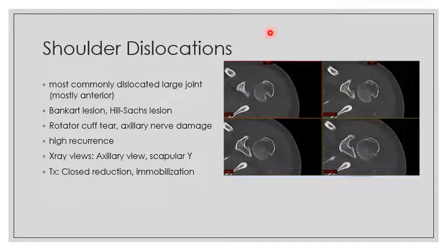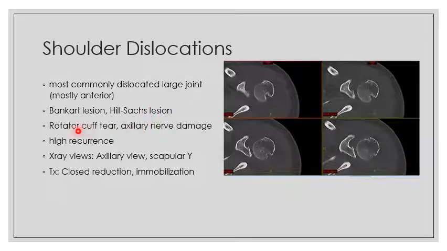Shoulder dislocations are basically the most commonly dislocated large joint, and mostly it is dislocated anteriorly. So you have what we call a Bankart and a Hill-Sachs lesion. Bankart would particularly pertain to the injury to the anterior inferior glenoid labrum, while the Hill-Sachs would pertain to the fractures of the humeral head.